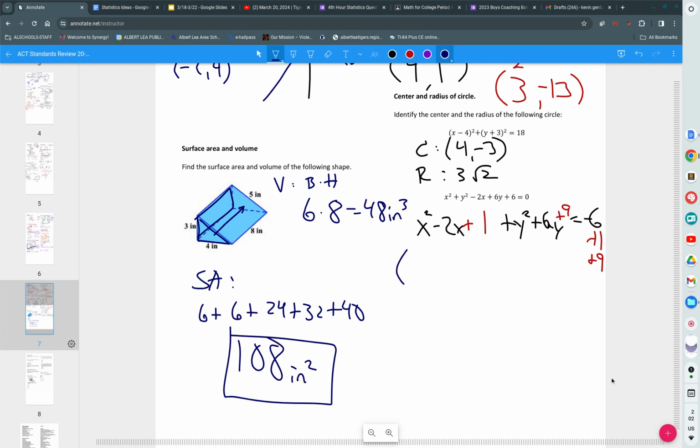So notice this factors to an x minus 1 quantity squared, and this factors to a y plus 3 quantity squared, and it is equal to 4. Now it's easy to determine the center. The center is 1, negative 3, and the radius is 2. Radius is the square root of the number on the end.